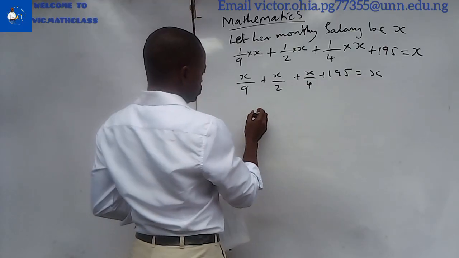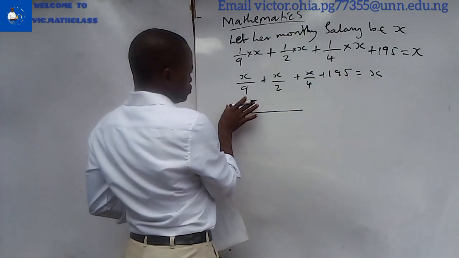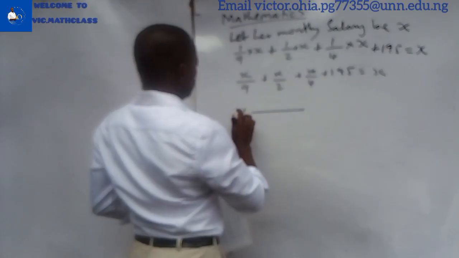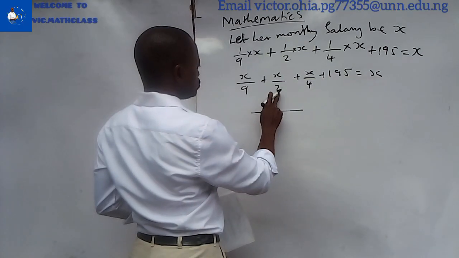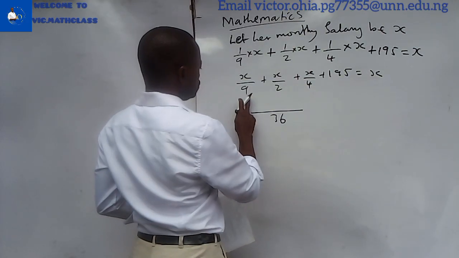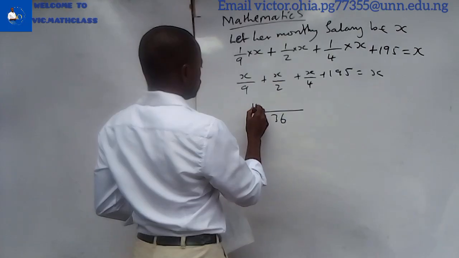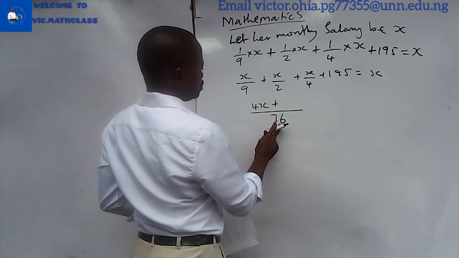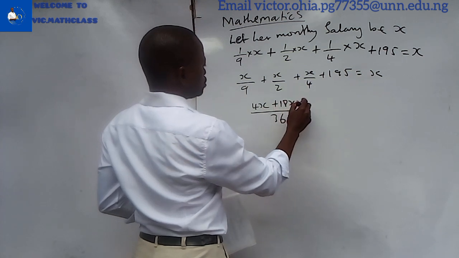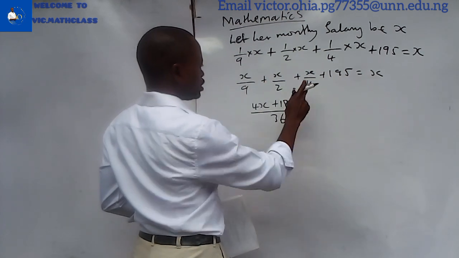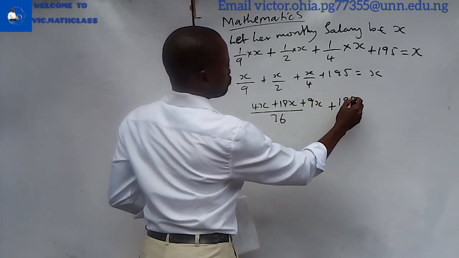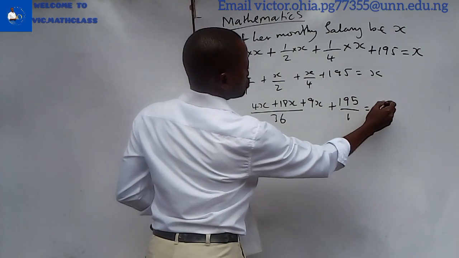Okay, LCM here. Taking the LCM of these 3 fractions, the LCM of 9, 2, and 4 will be 36. 9 into 36 is 4, 4 times this is 4x, plus 36 divided by 2 is 18, 18 times this is 18x, plus 36 divided by 4 is 9, 9 times this is 9x, plus 195 over 1 equals x.